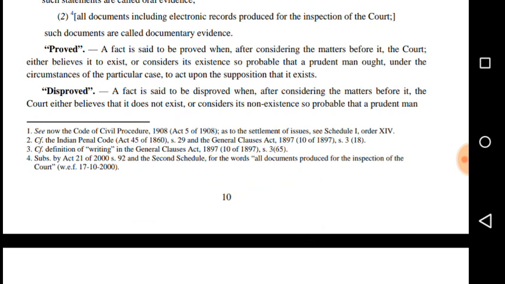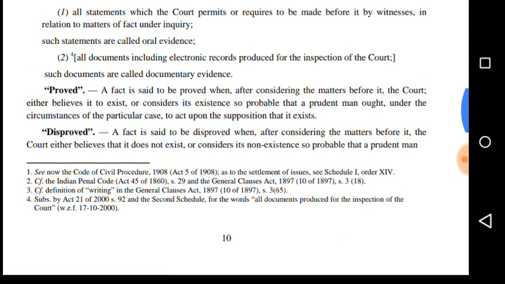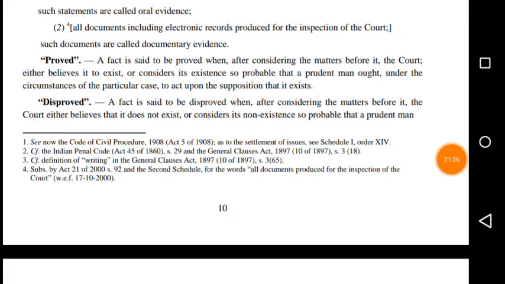A fact is said to be proved when, after considering the matters before it, the court either believes it to exist or considers its existence so probable that a prudent man ought, under the circumstances of the particular case, to act upon the supposition that it exists. Prudent man means unbiased, someone reasonable.